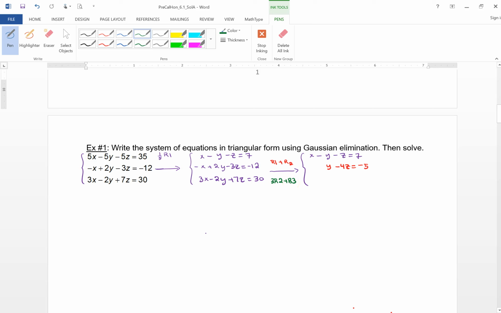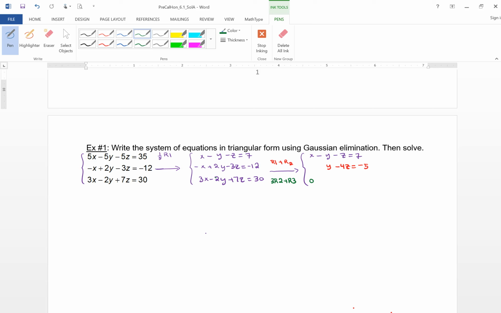So 3 times row 2 is negative 3x plus this one is 3x, so 0. I'm multiplying this by 3 and adding it to this. So negative 3x plus 3x is 0.